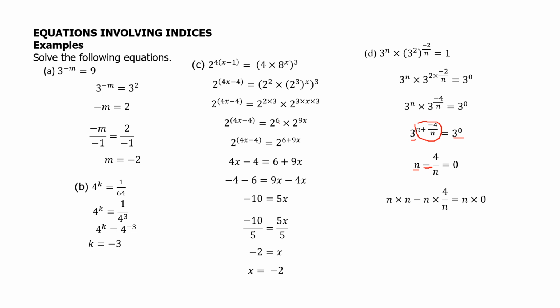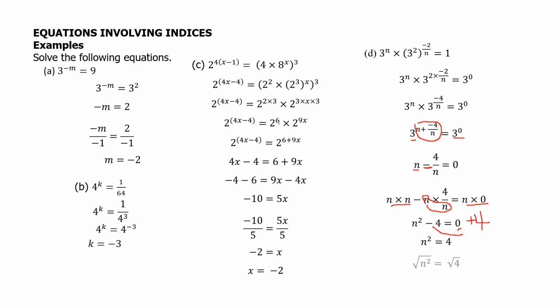So when you multiply through by the n here, we have n squared, then there the n will cancel out to have a minus 4, then n times 0, we have a 0. Now we take the 4 to the other side of the equation. Since it is negative, it is going to come as a positive.